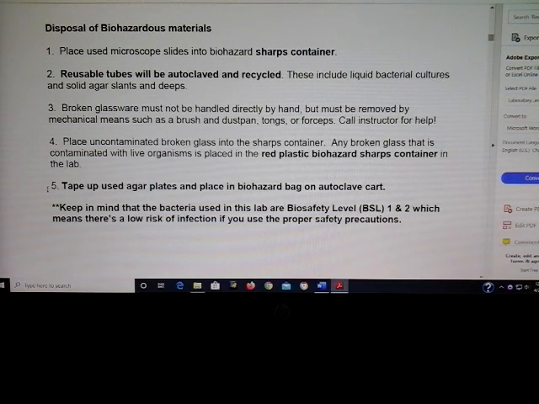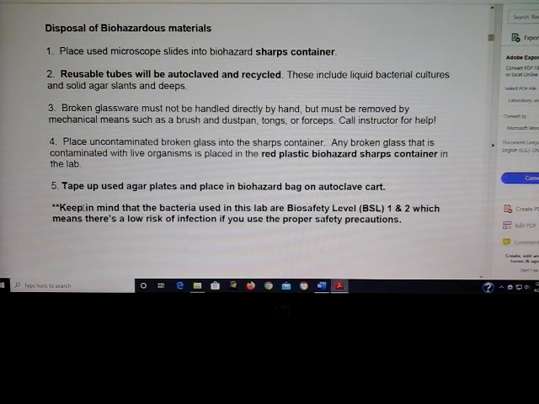Now, also, throughout the semester, we're using agar plates. So you would tape those up, put them in a biohazard bag, and that biohazard bag is always on the autoclave cart. Now, please know, guys, that there are 4 biosafety levels, 1, 2, 3, and 4.